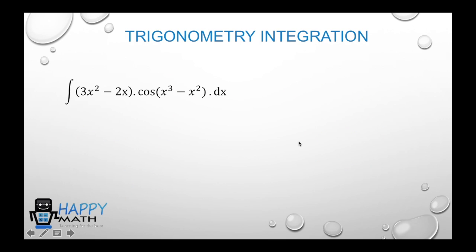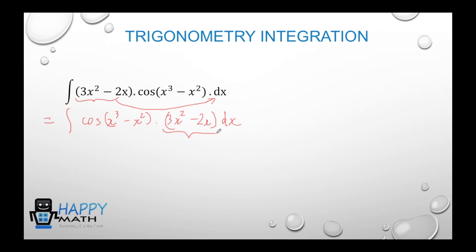In the same way, with this function, I will move this bracket from outside of the derivative to the inside of the derivative first. So first I have to change the position of those. And now I take the integral of this one first.